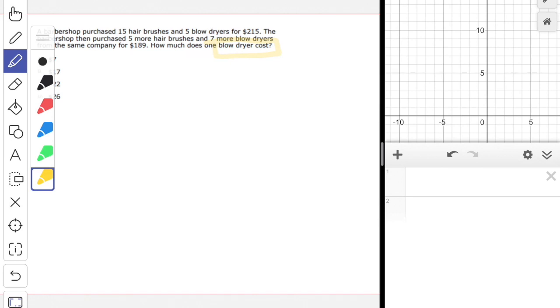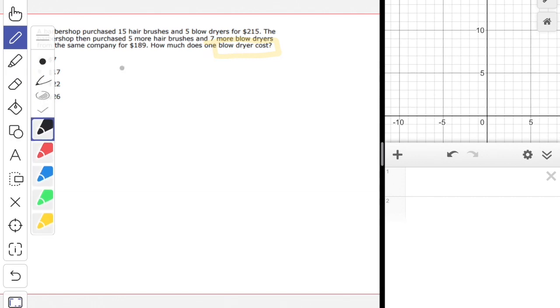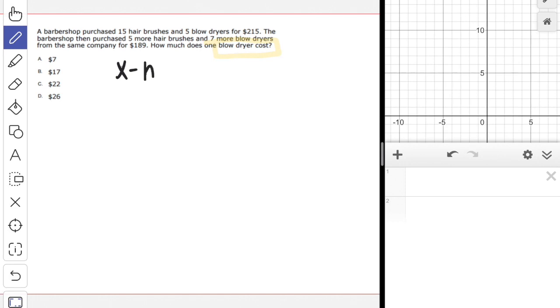First we need to define our variables. It doesn't matter which one you define as which, but I would use x and y. So x is going to be the hairbrushes, and y is going to be the blow dryers.